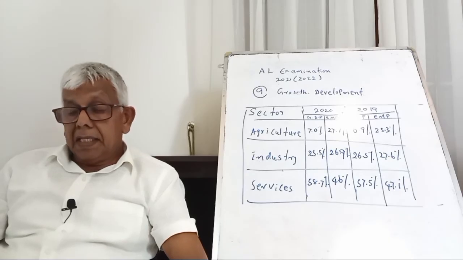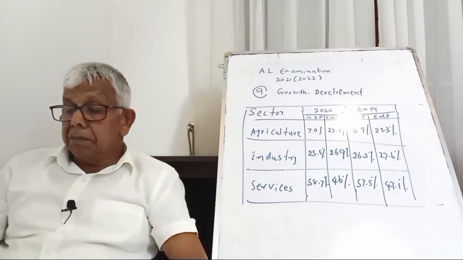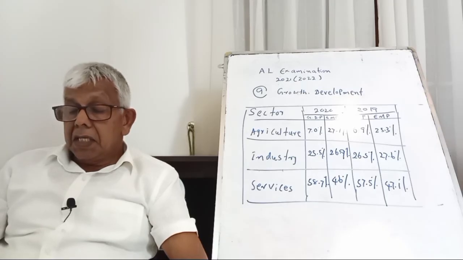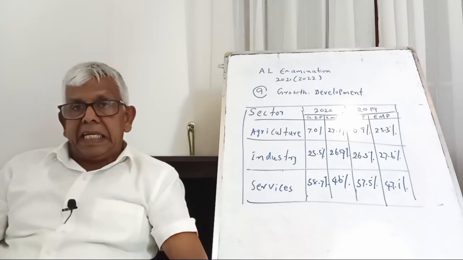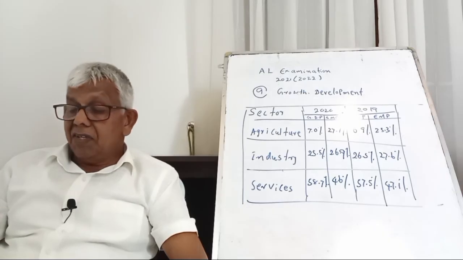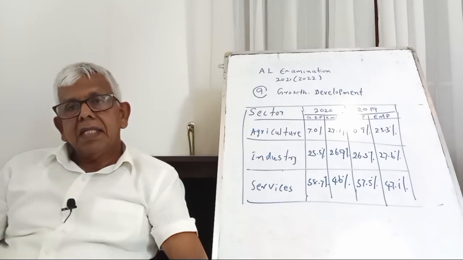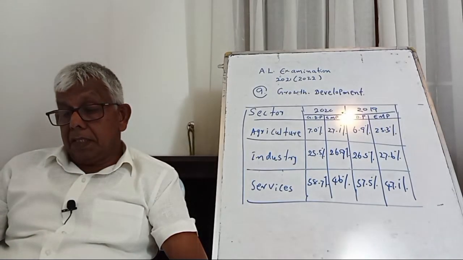Next one. The widely used multidimensional indicator of development is the Human Development Index. We call it HDI.